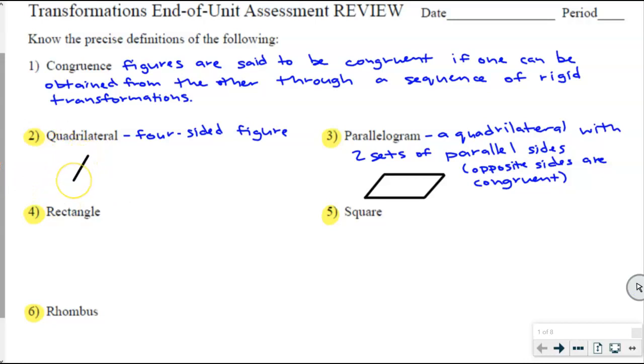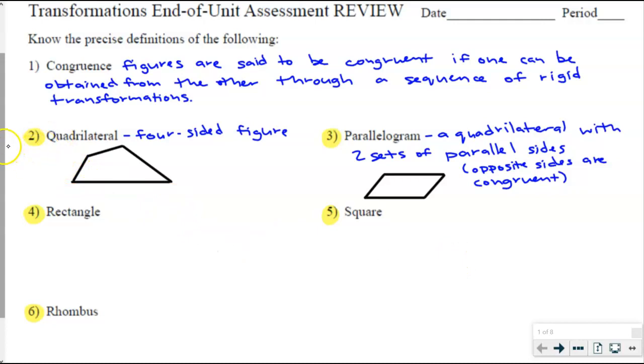If you want to draw a picture for a quadrilateral, I try and make it as non-specific as possible. Even though a four-sided figure could be a rectangle, I like to save a rectangle shape for that rectangle. This is just randomly four-sided. Nothing unique about the side lengths or the angles or anything.